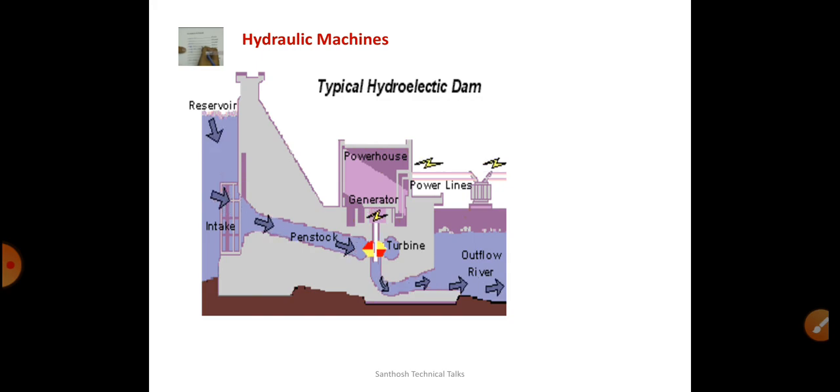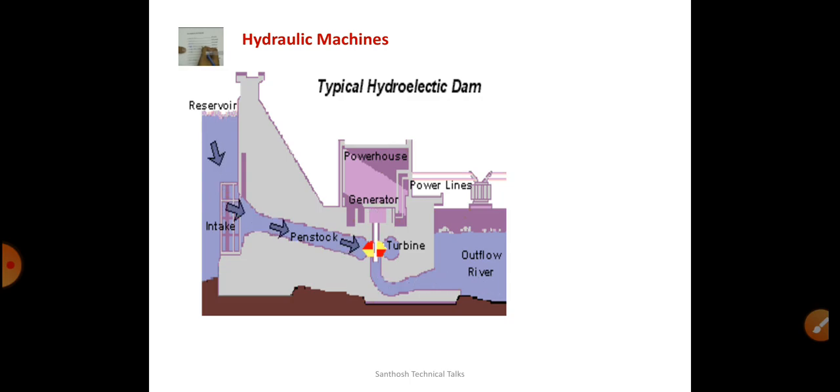From the dam, by means of a penstock, we draw the water from a stationary potential energy into the kinetic energy of a turbine, and this pressure and kinetic energy is applied in the turbine for producing electricity.